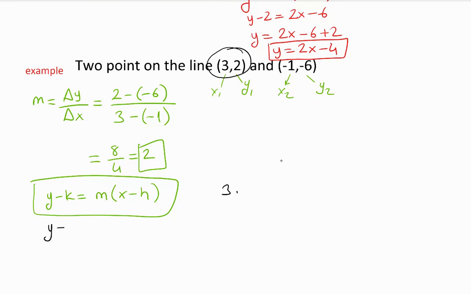Let's say my point is 3, 2, so this is my h, this is my k. So k is 2 equals, we found m here, my m is 2, times x minus h, which is 3. Okay, so we write the point slope form.